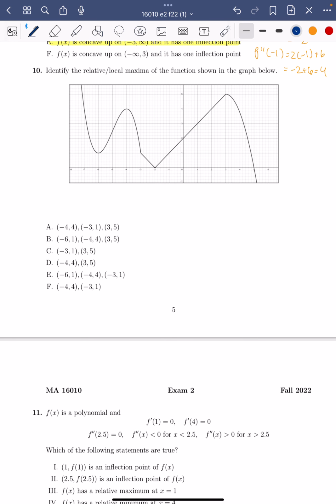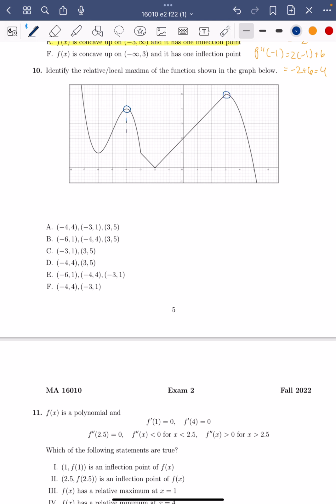Okay, number 10. Identify the relative local maxima of the function shown in the graph below. When we're given a graph, it's super simple. You just look for the peaks and the dips. For maxima, we're looking for any high peaks. So we can see on this graph that that would be right here and right here.